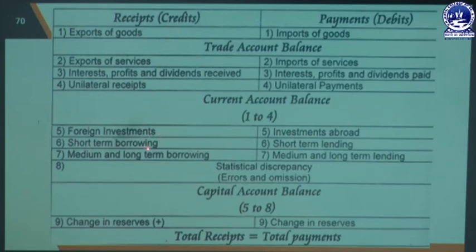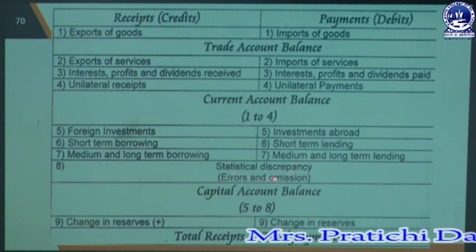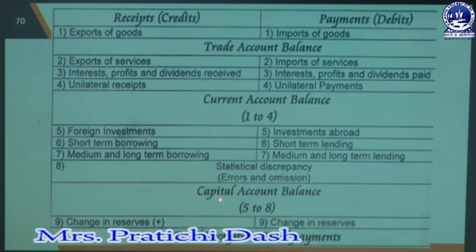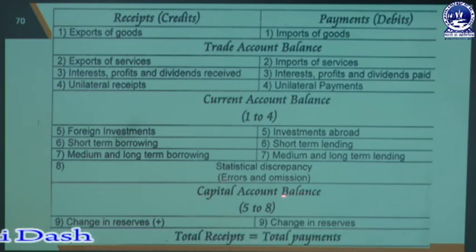The short-term borrowings and the medium and long-term borrowings, which the country receives, are also recorded on the credit side of the balance of payments. For investments abroad, short-term lending, and medium and long-term lending, for which the country pays, those are recorded on the debit side of the balance of payments account. The balance of these items is known as our capital account balance.